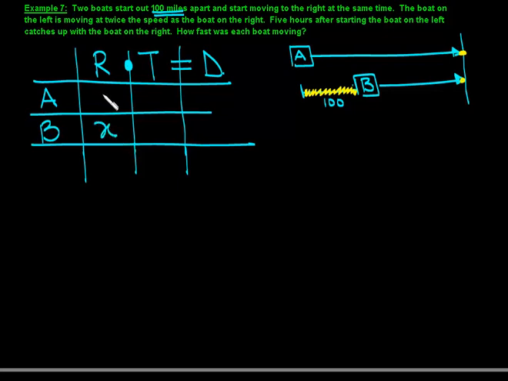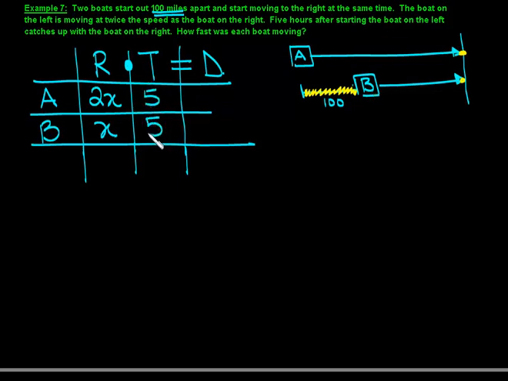So in this case the speed of boat A would be 2x. It will be twice the speed of boat B. Five hours after starting, the boat on the left catches up with the boat on the right. So they both had been in motion for the same amount of time. They just started at different positions, but they've been in motion for the same amount of time, which is 5 hours.